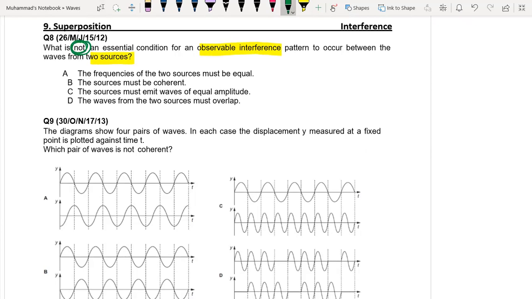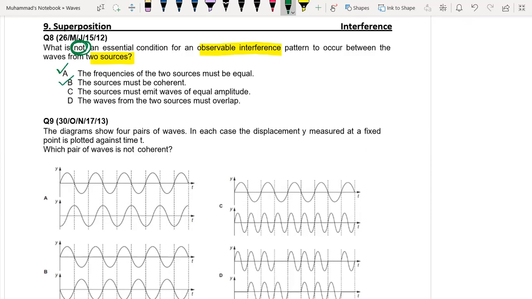The frequency of the two waves must be equal. This is a very important condition. If the two waves have unequal frequency, then their phase difference will change with time. So the sources must be coherent, meaning their phase difference should be constant with time and should not change. This is also an important condition for interference to be observed.